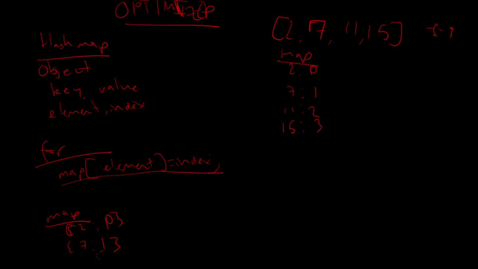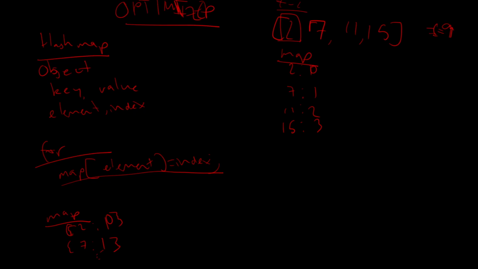Now, what can we do with this map? We're going to want to figure out, for each element in this array, is there another element that when added to this element will equal this target? So what we can do is check if the target minus the element at index I exists in the hash map, right?